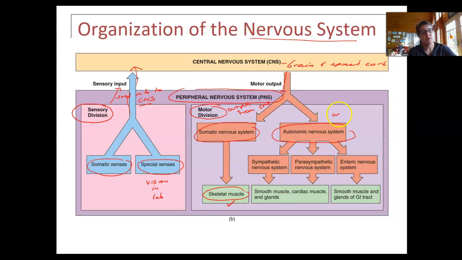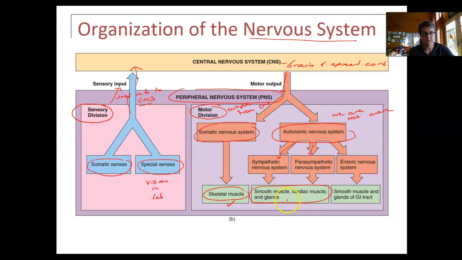We are not aware of functions pertaining to the autonomic system. It's like automatic, but it's not. It's autonomic. And autonomic has a couple branches. It has the sympathetic nervous system and the parasympathetic nervous system. And they both talk to the same guys for the most part.